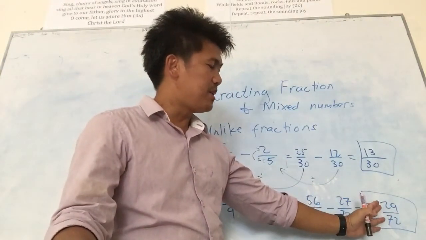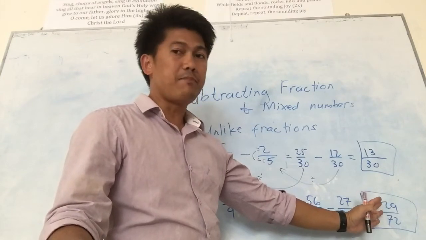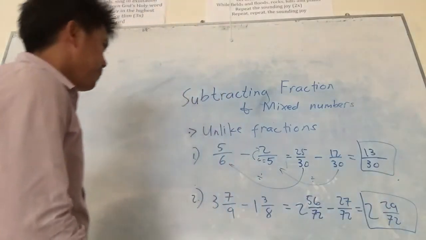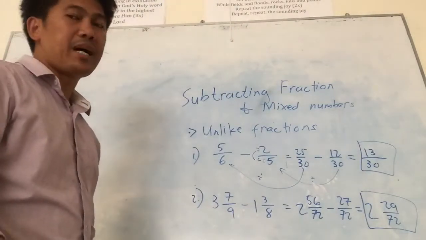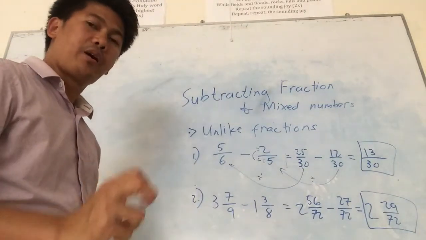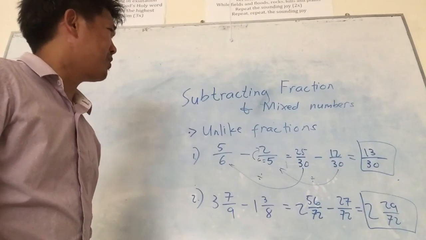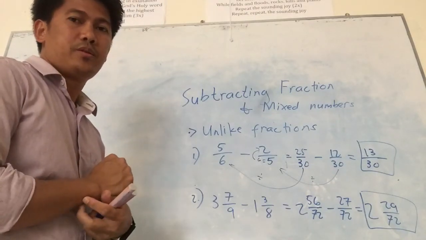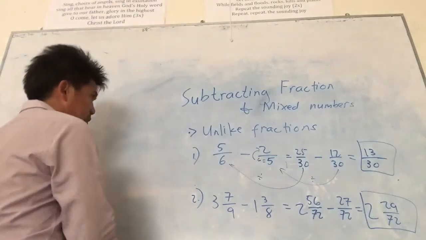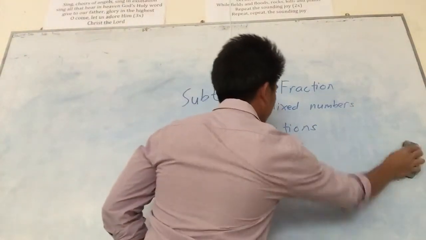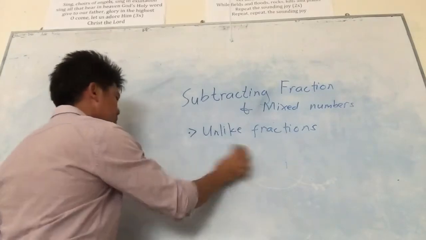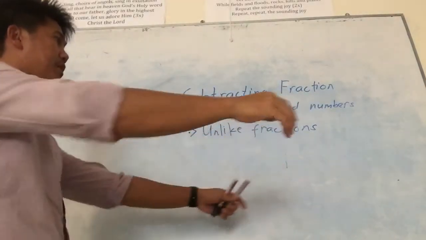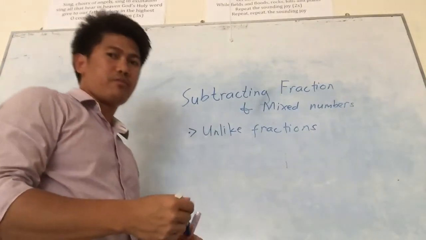If the fraction here needs to be simplified, then find the GCF and simplify. Okay, now sometimes there are subtraction of fractions that you need to borrow. Okay, so I'm going to teach you how to borrow from a fraction.